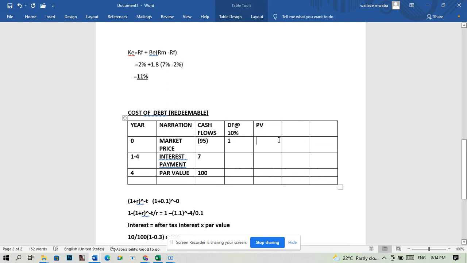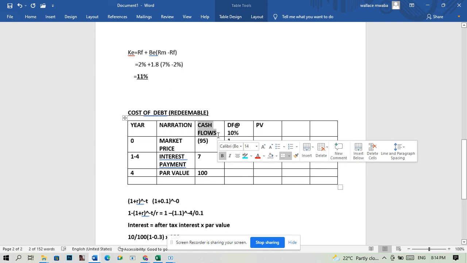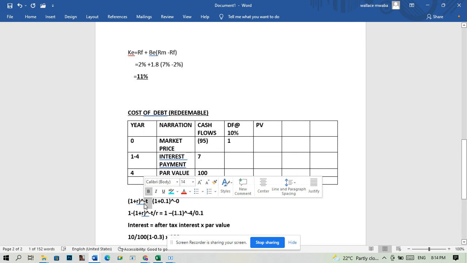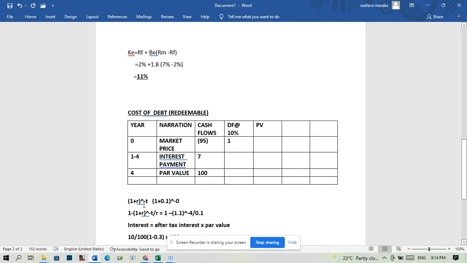The present value is the discount factor times the cash flows. But when it's the power positive t, there you're trying to find future values.